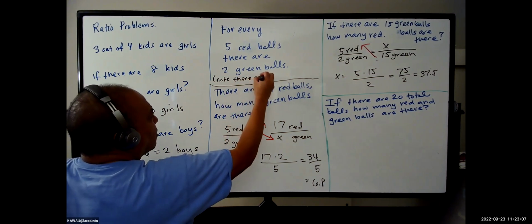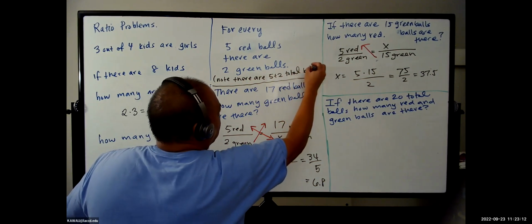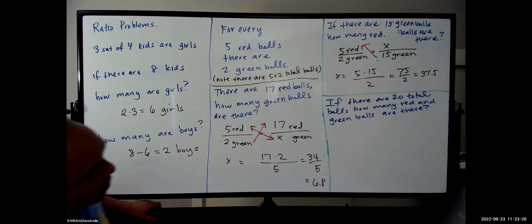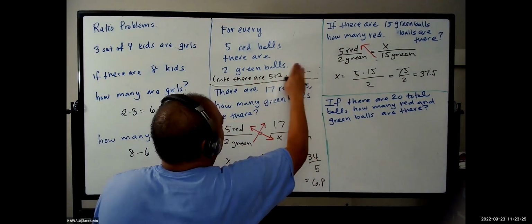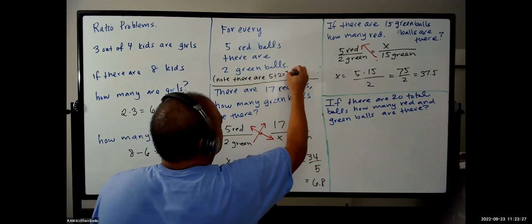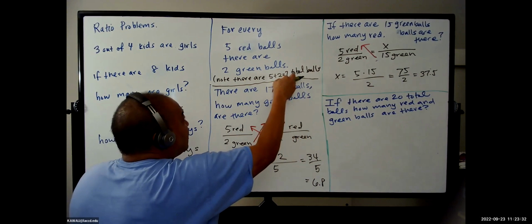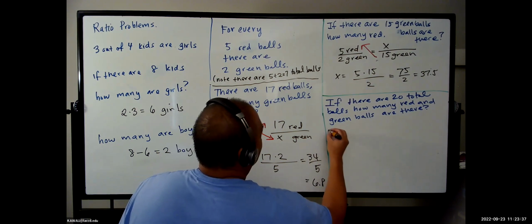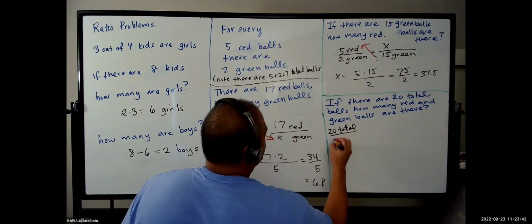There are 5 plus 2 total balls, so let's say equal to 7. You can pick this number and either one of these two. So I can say 20 total over, and let's just pick a color.